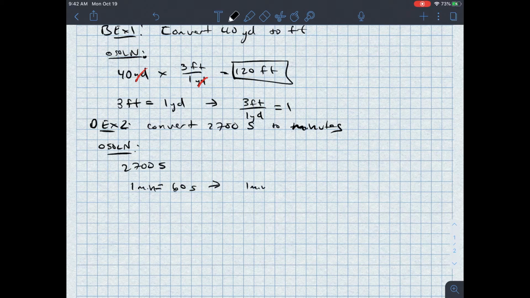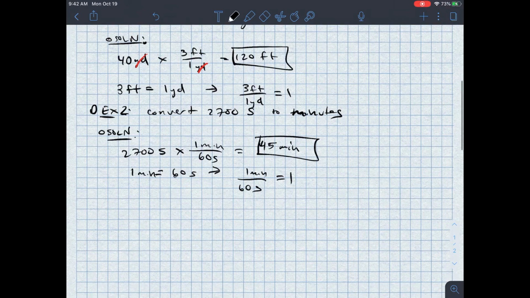So this implies that 1 minute per 60 seconds equals 1. So I'll multiply 2,700 seconds by 1 minute over 60 seconds. That's 2,700 divided by 60. That's 45 minutes. Box my answer.